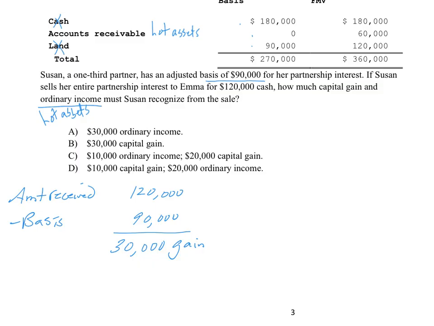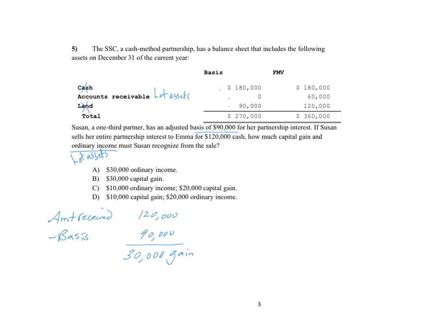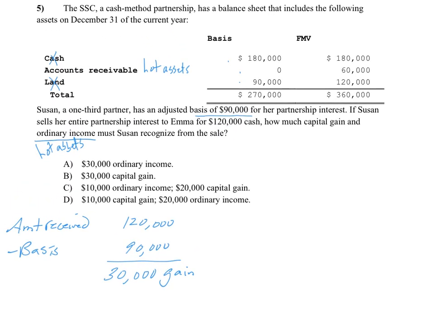Now we have to figure out, is that going to be ordinary or capital? So now we have to look at our balance sheet again. This balance sheet that we're given is for the partnership, so the whole partnership, all the partners, have $60,000 of receivables. But what is Susan's share of receivables?